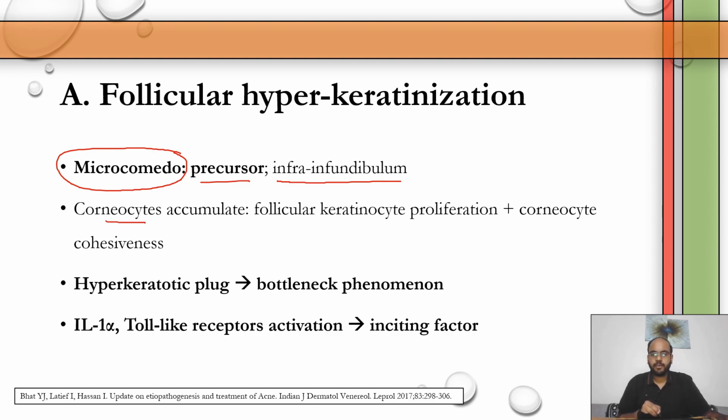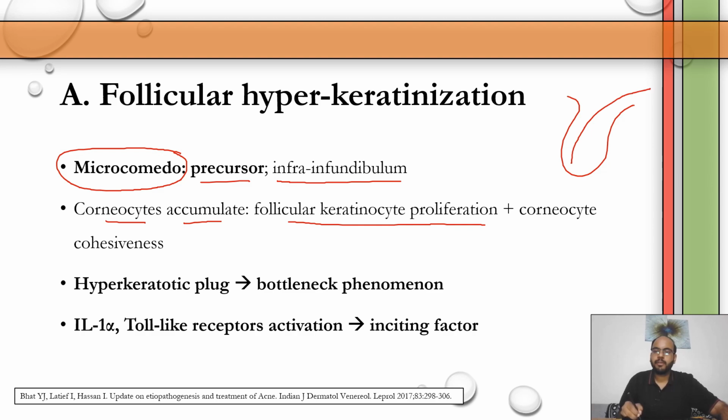So what happens in microcomedo? We have corneocytes or keratinocytes that accumulate. Why are the keratinocytes accumulating? That is because the follicular keratinocyte proliferation rate has increased. What do we mean by that? Now let's just say that this is the hair shaft, and you have the hair coming out.